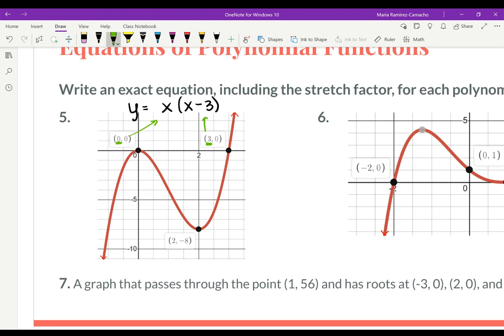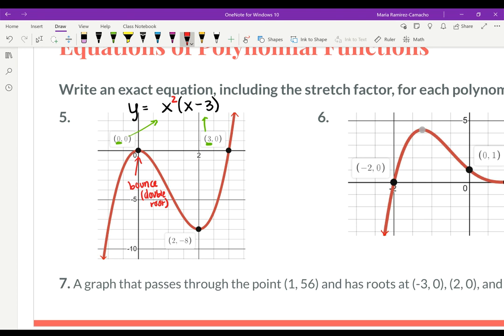Keeping in mind that the positive 3 x-intercept results in an x minus 3 factor, right? That opposite sign. Any bouncing or flattening out, we do see that here at (0, 0). That means that we've got a double root at 0. So that factor needs to be squared. So that's going to be x squared.